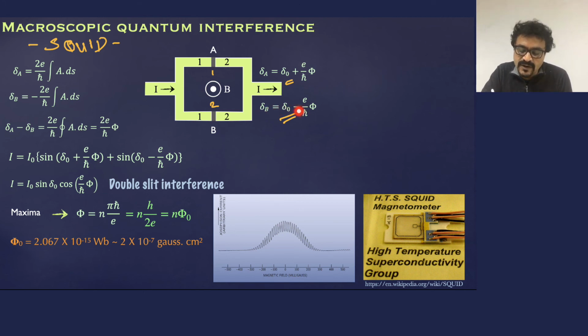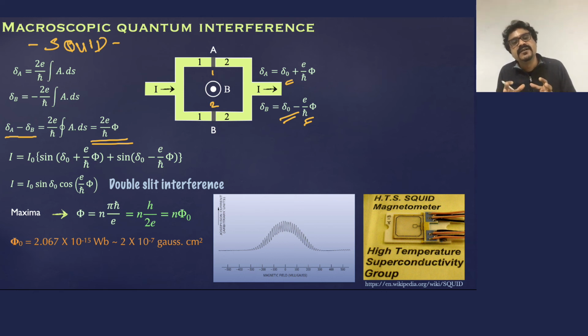Now for the lower arm, there will be a sign change, because the direction of propagation and the vector potential are in opposite directions, so there will be a negative sign there. So the phase difference between the charge carriers propagating through the lower and upper arm will be delta A minus delta B, which is basically 2e by h bar into phi, where phi is the overall flux going through the ring.